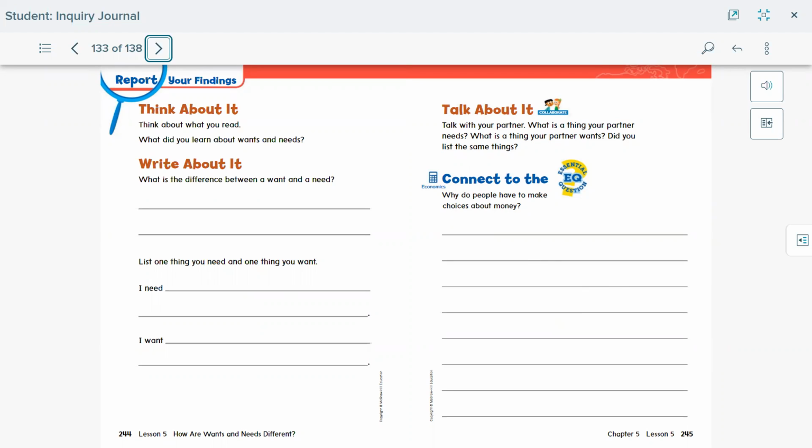We say a need is something you must have to live. So a need is something that you must have to live. That's a need.